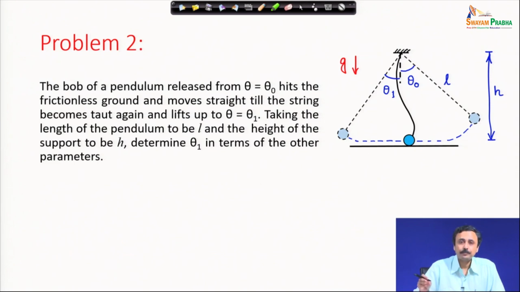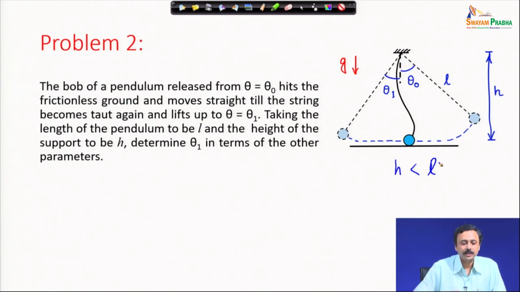So, this is a pendulum which is hung from a point, and there is a floor or ground, so the point of hanging is at h, which is less than L. Here h is less than the length of the pendulum, then it will hit the ground.